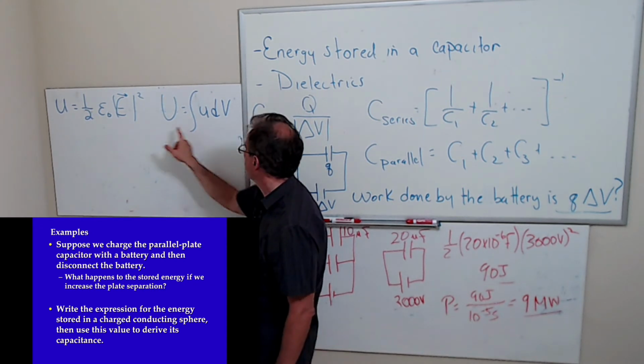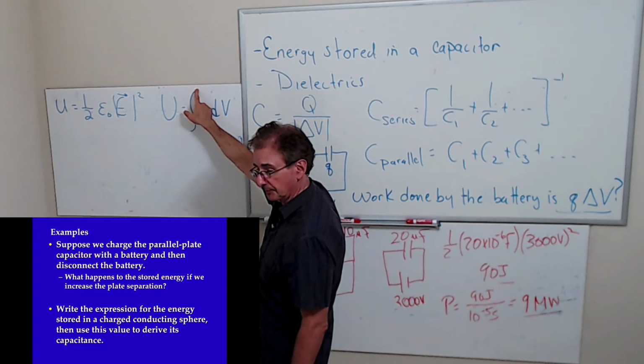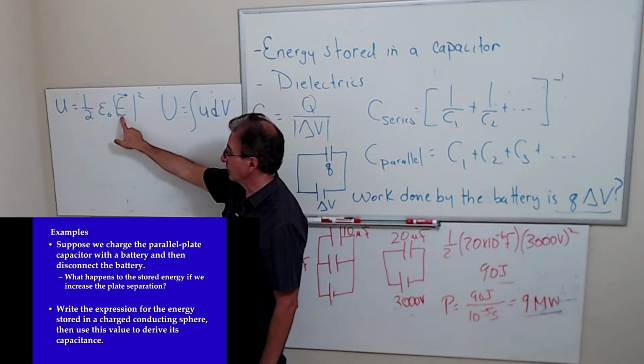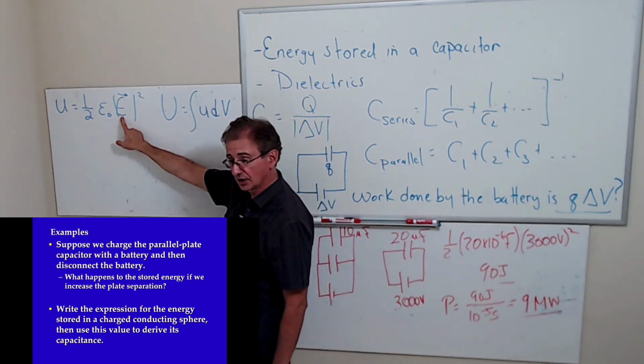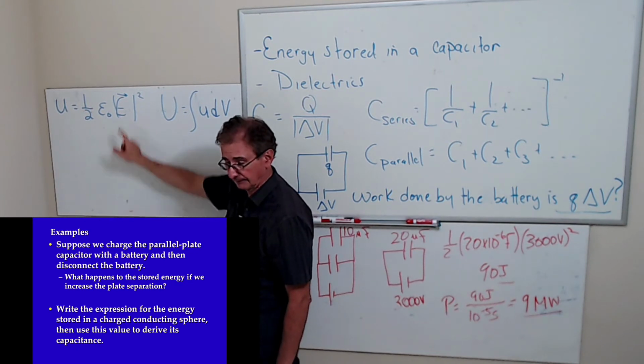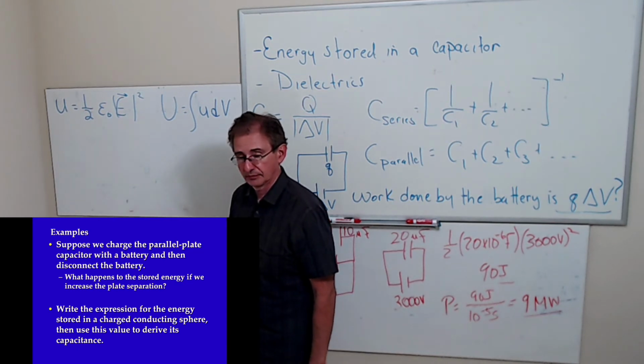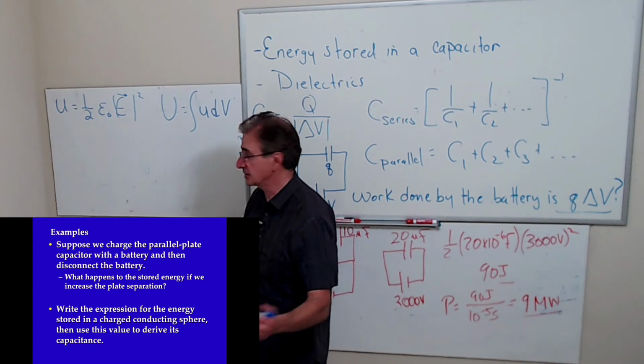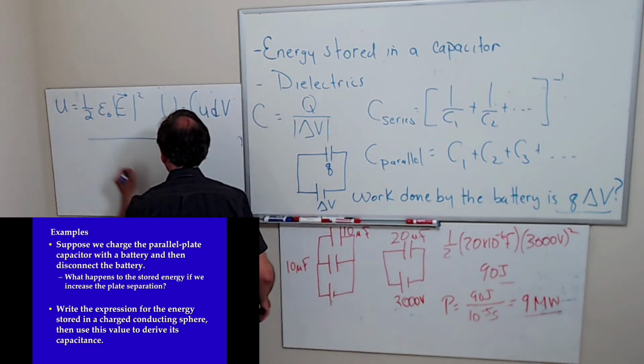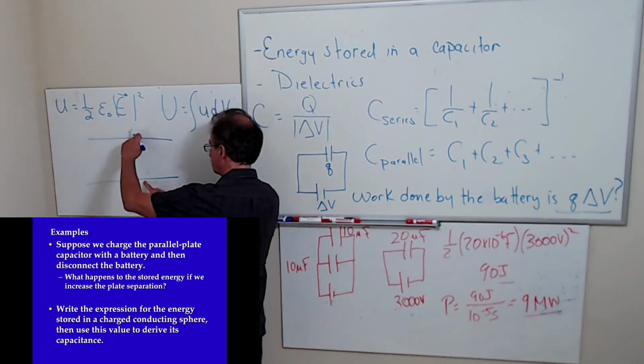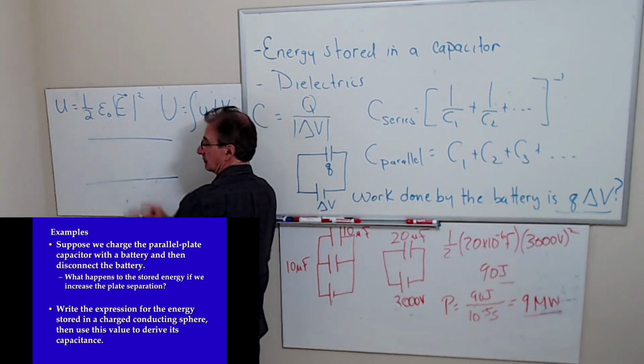I'll say it again: the integration limit is based on the region of space over which this electric field is defined. For the parallel plate capacitor, it's easy, because the electric field is defined between this volume, no problem.